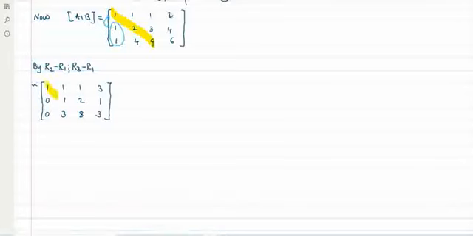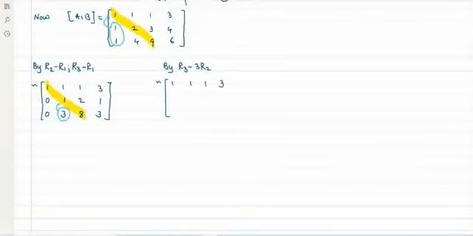Again, this is your diagonal entry. The next elements below A22 you have to reduce to 0. What is the transformation? R3 minus 3 times R2. The change is in the third row only. First two rows no change: 1, 1, 1 and 3, 0, 1, 2, 1, 0, 0, 0.